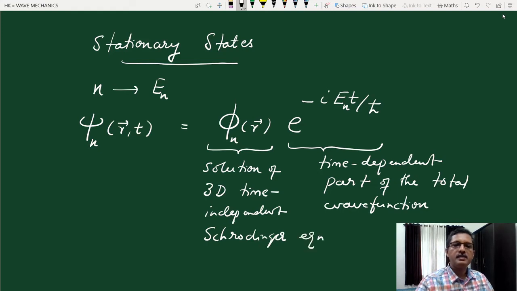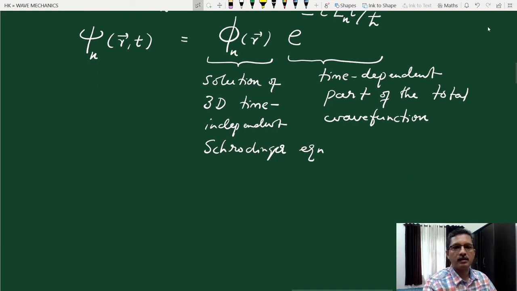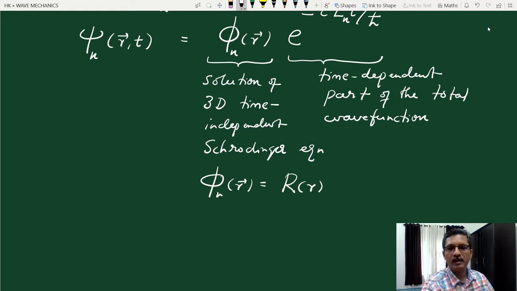This space dependent part we have written as phi n of r. We have written this as a radial part which depends only on the radial variable, and a polar part or angular part which depends on polar angle theta, and an azimuthal part which depends only on the angle phi. So this space dependent part we have separated like this.